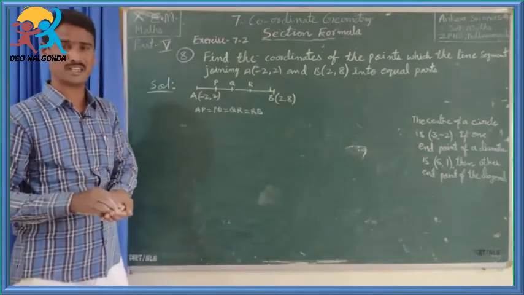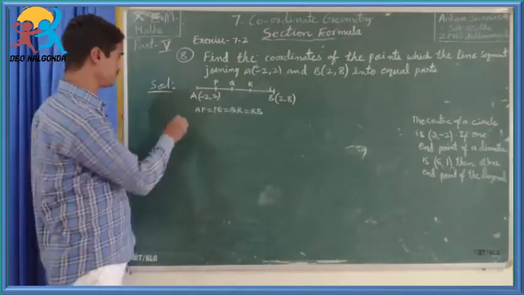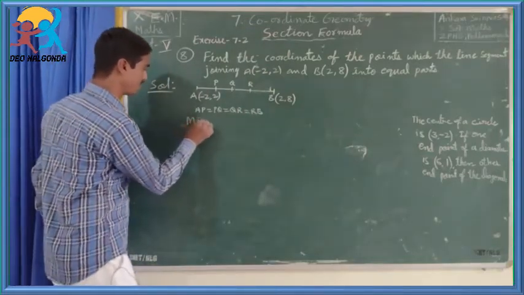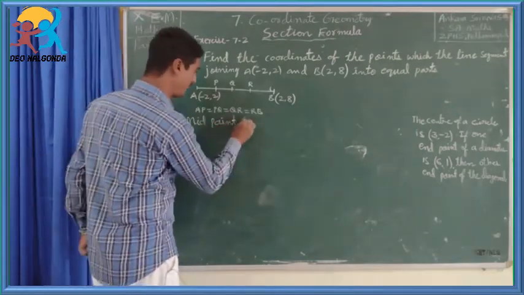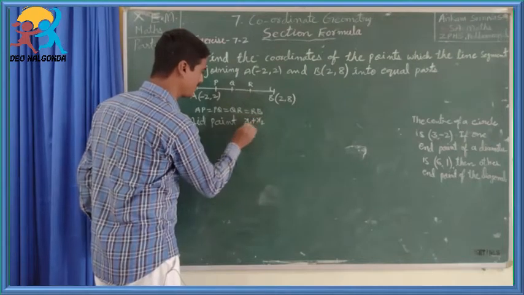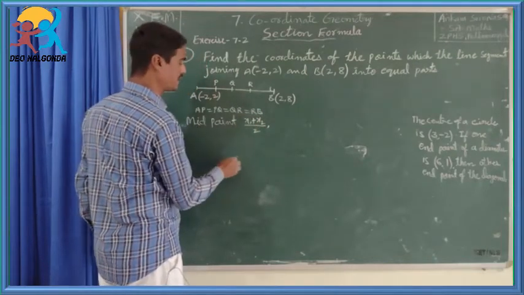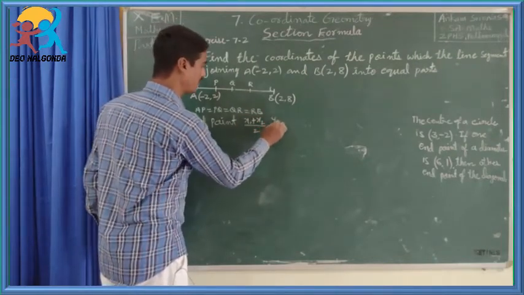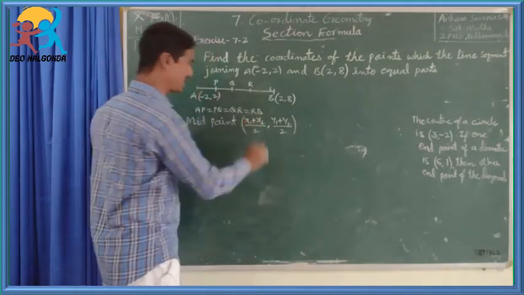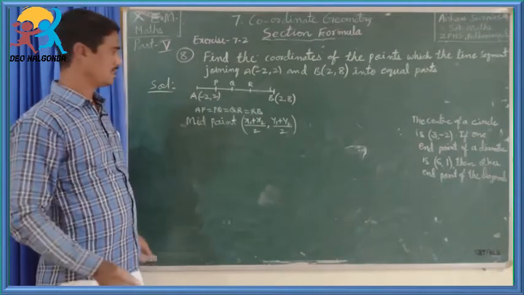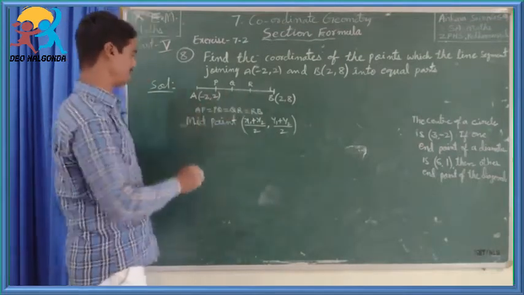First, what is the midpoint formula? It is (x1 plus x2) by 2, the sum of the first coordinates by 2, and (y1 plus y2) by 2, the sum of the second coordinates by 2.